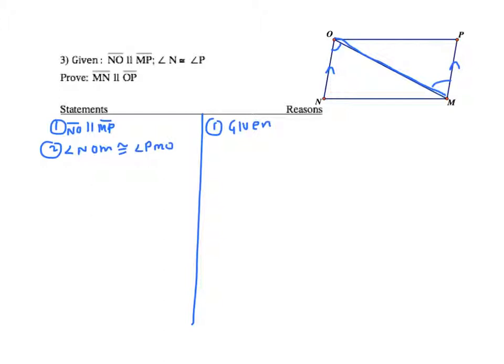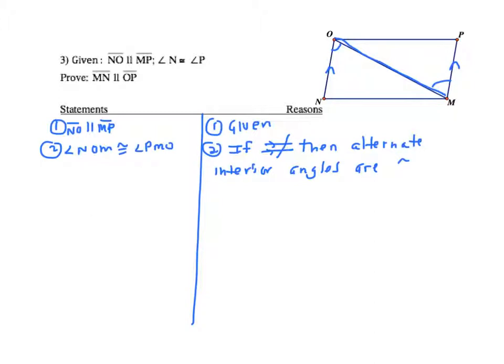And it's been a little while since we've had to state this reason, but it is: if two parallel lines are cut by a transversal, and we'll let you draw that picture to represent two parallel lines being cut by a transversal, then alternate interior angles are congruent.